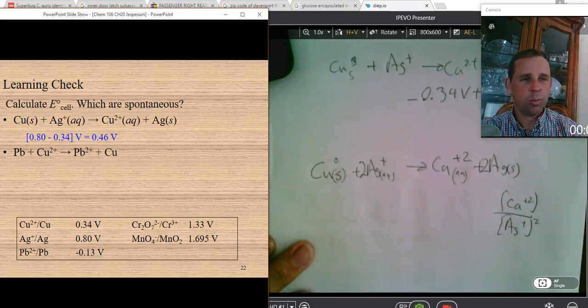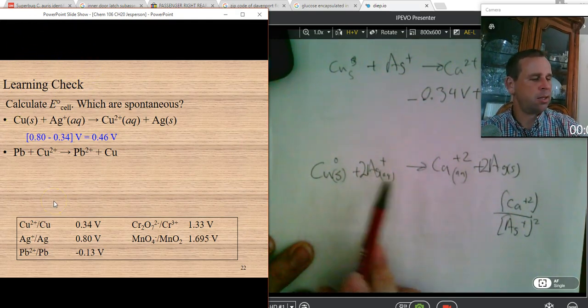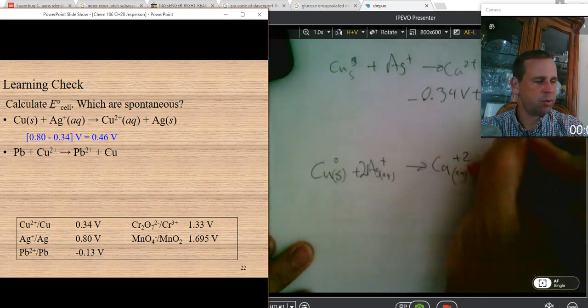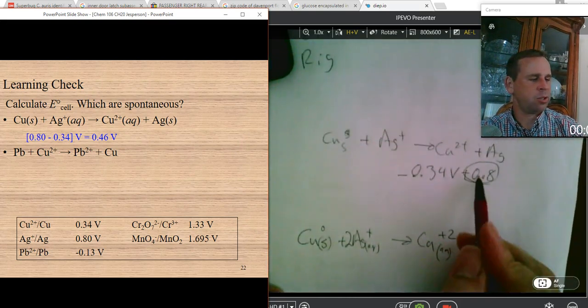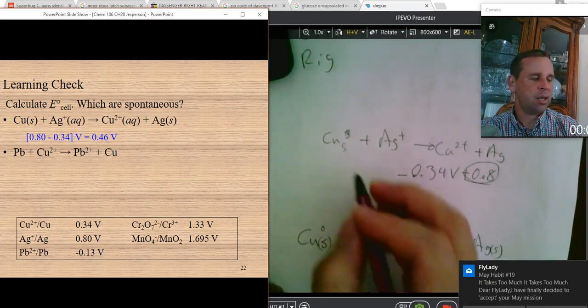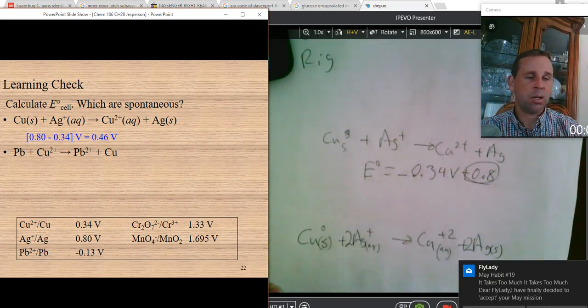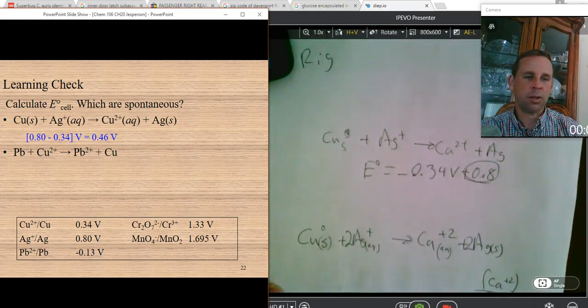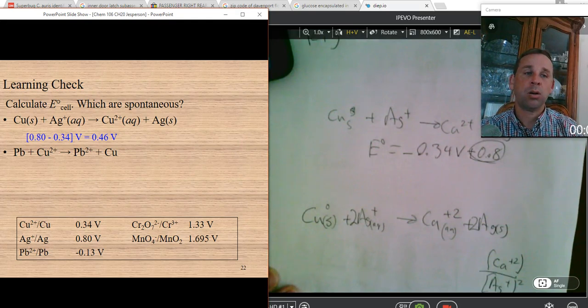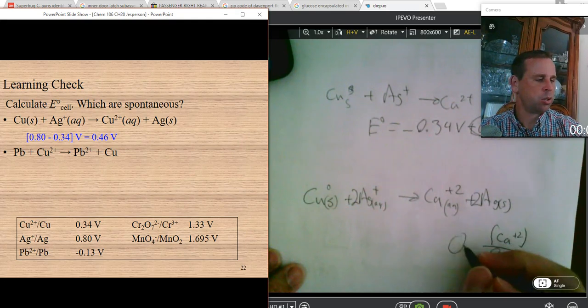Their concentration would be 1 molar, and the resulting E naught that you would get, you wouldn't have to multiply that voltage that's due to the silver times 2, because this is, again, an E naught. And E naught means it's not dependent on the coefficient there, it's just dependent on the concentration, and E naughts are standard conditions, meaning 1 molar of all the things that would be in our quotient.